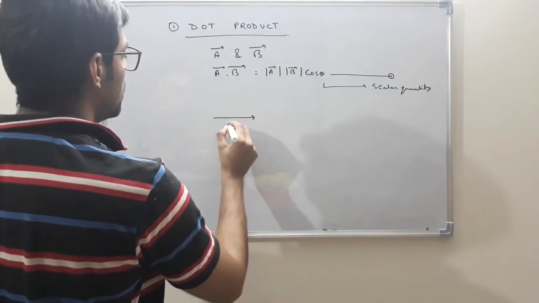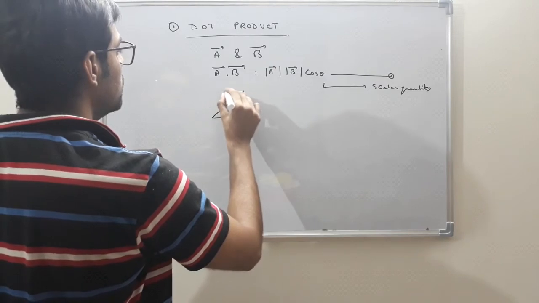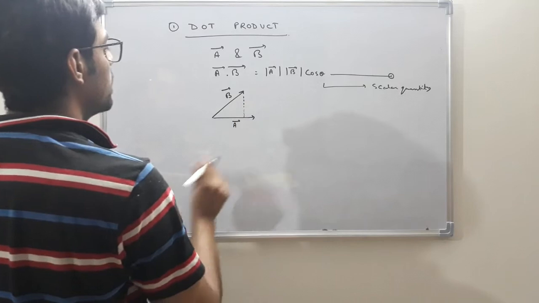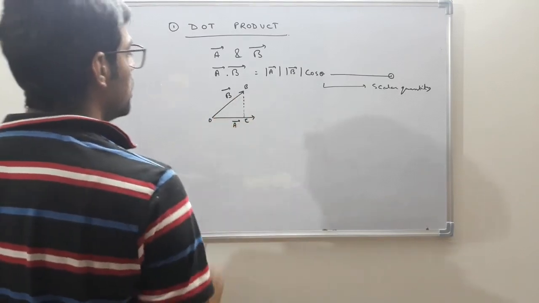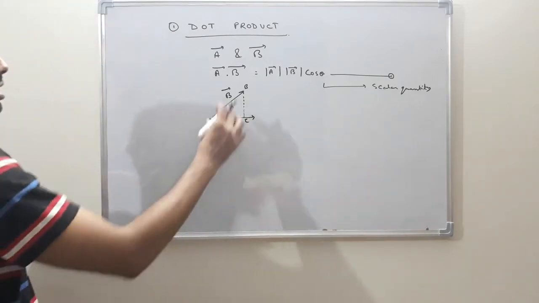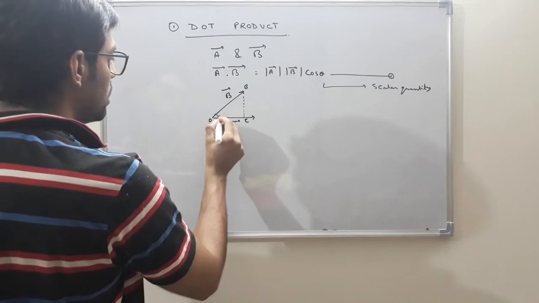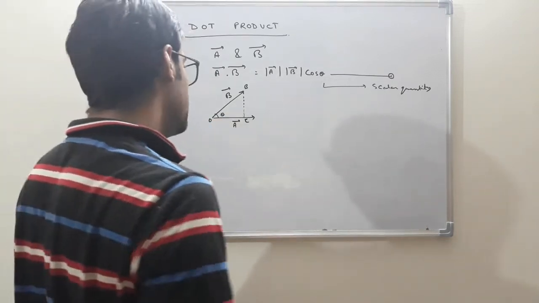Suppose we have two vectors, A vector and B vector. This is B vector. Now if we drop a perpendicular from the head of this B vector, what is the geometrical significance? Suppose this angle is theta between the two vectors. Here also theta is the angle between the two vectors, A vector and B vector.